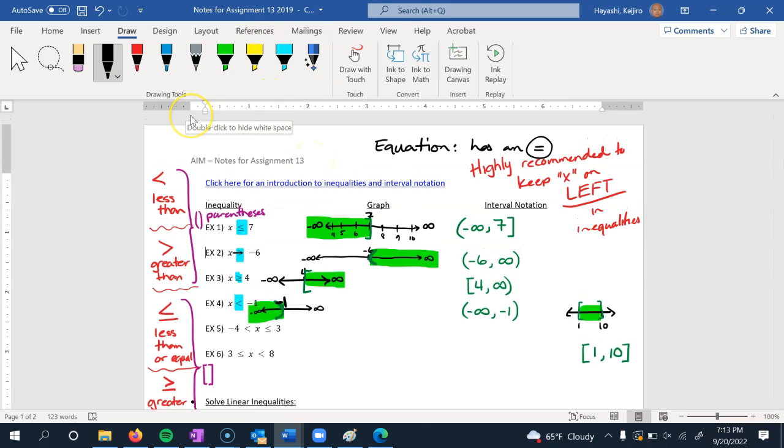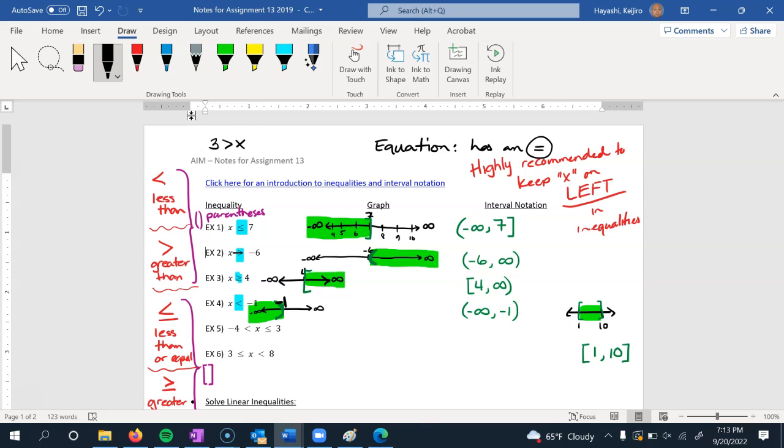Because let's say we have an inequality like that, 3 is greater than x. That's already pretty weird to think about. So 3 is greater than x. So x is all the numbers that 3 is greater than.